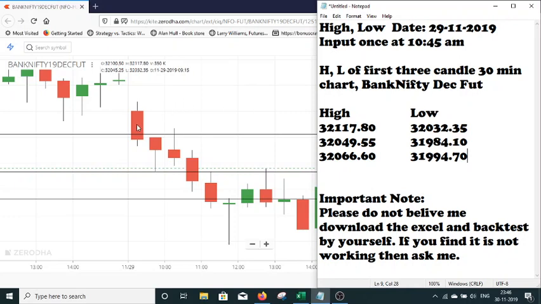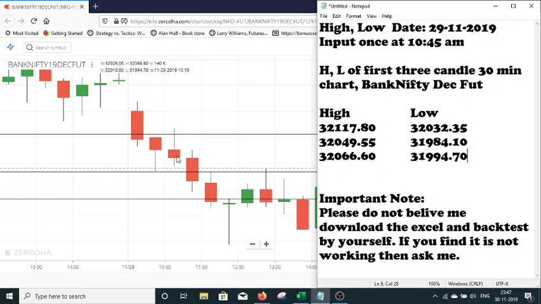The high was 32117.80 and the low was 32032.35. First candle. Second candle, the high was 32049.55 and the low was 31984.10.